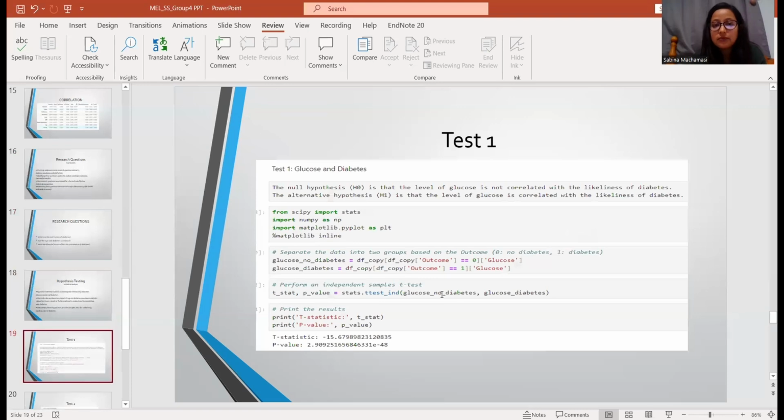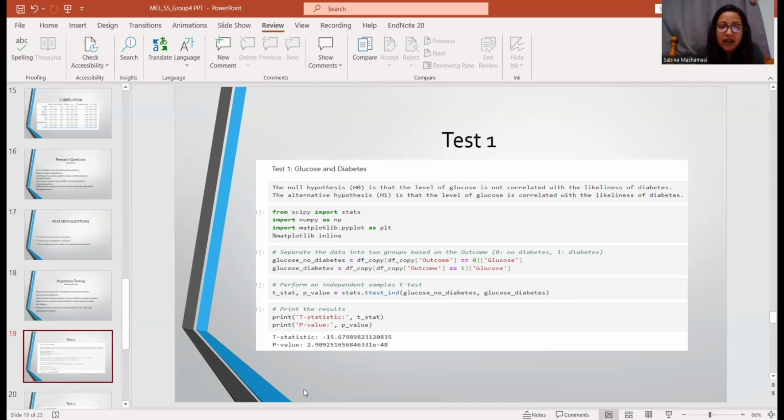The first test is between glucose and diabetes. For this, the null hypothesis is that the level of glucose is not correlated with the likeliness of diabetes, and the alternate hypothesis is that the level of glucose is correlated with the likeliness of diabetes.